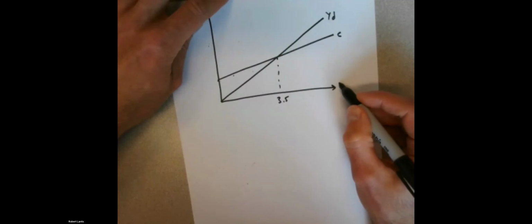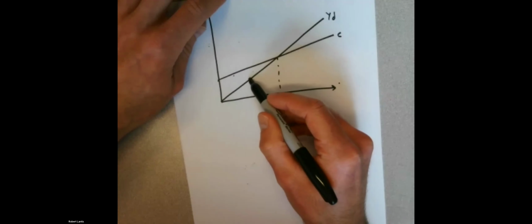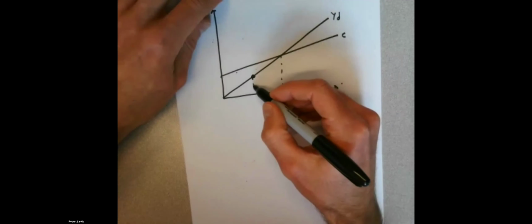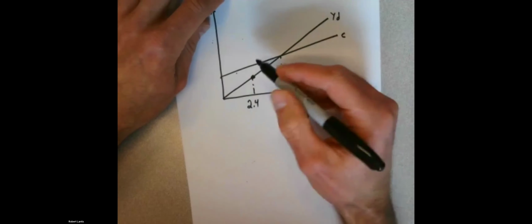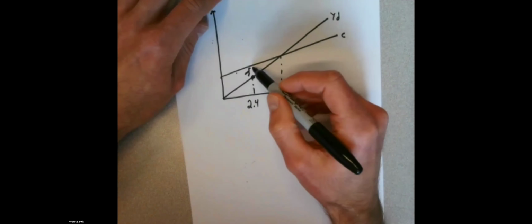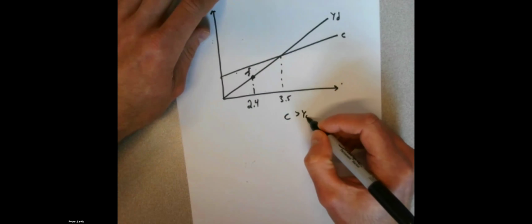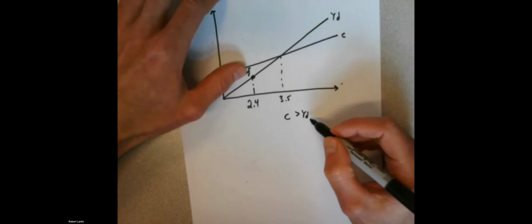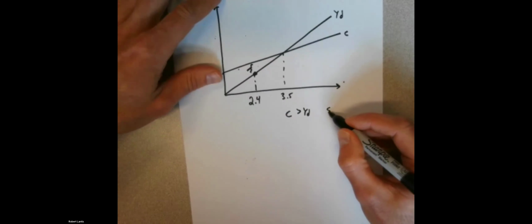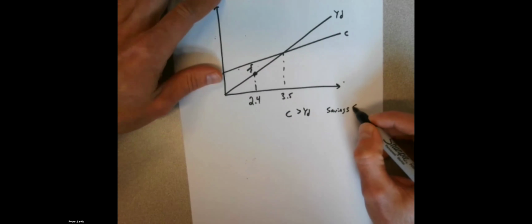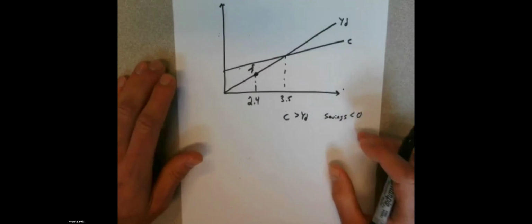So if we're at a level of disposable income that is lower, I think in this problem I told you it was 2.4, what's going to be the case? Well, my actual consumption is greater than my disposable income, in which case, if I'm buying more than the income I have, my savings there is going to be negative. Okay? So we can go through and show this, right?